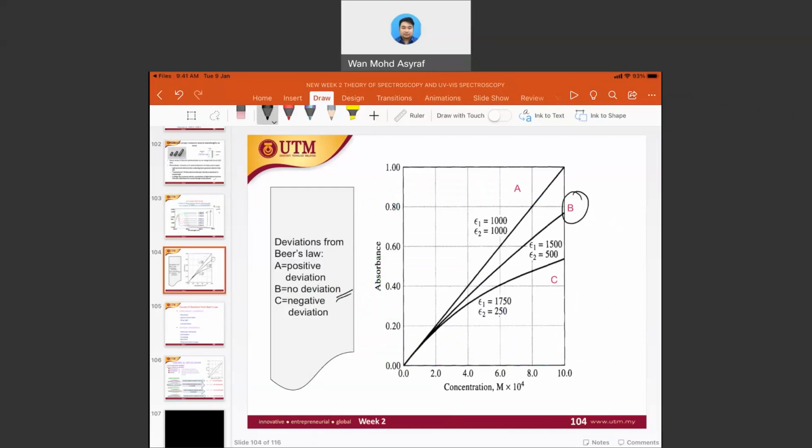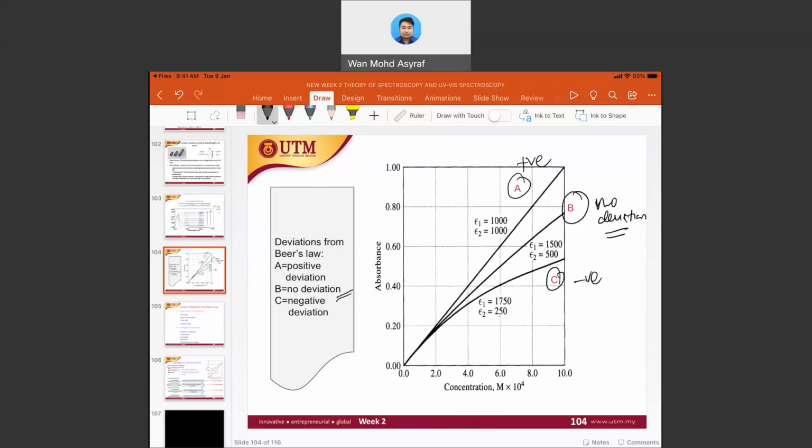But during experiments, we also notice that there are going to be some positive deviations and also some negative deviations, as shown in the graph. So the ideal is B, no deviation, but sometimes it can give positive or negative deviations. So what causes these deviations actually?